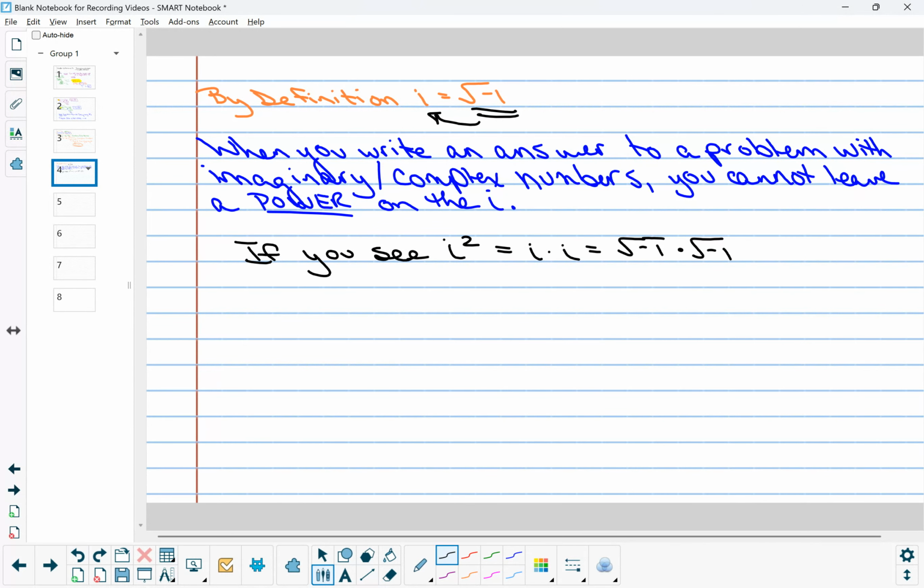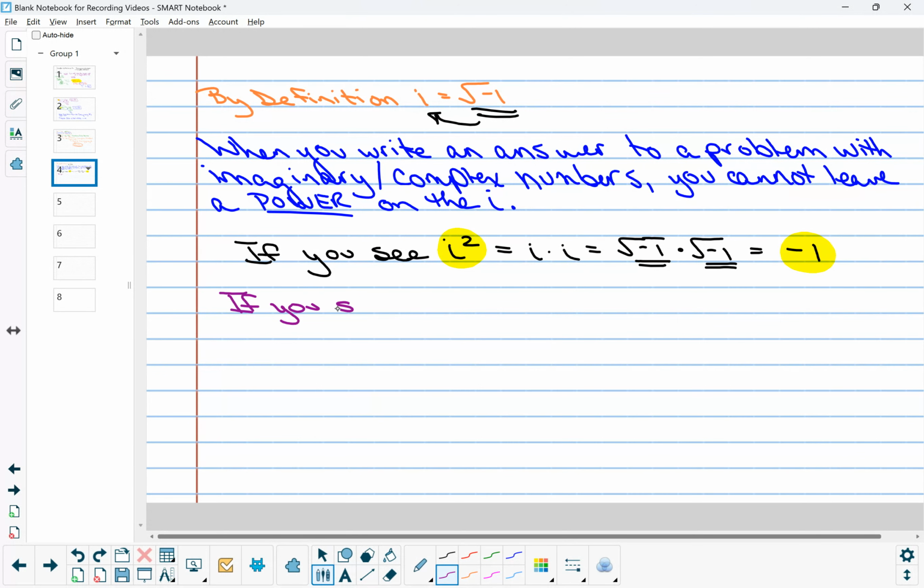And we know from all of the root stuff that we've done that when you multiply a radical times itself, you end up with just that value. So if you see i squared, you're going to replace that i squared with -1. Okay? Always. Just do that. I explained why, but that's what you're going to do. So if you see i squared, you're going to put in there a -1. Okay? The next rule.